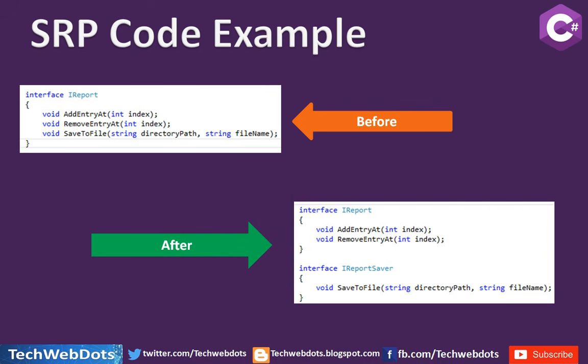So I have divided this interface into two interfaces. One is IReport and the second one is IReportSaver. In IReport I have added addEntry and removeEntry of the report, and in IReportSaver I have added the method saveToFile. That's how we can maintain the single responsibility.